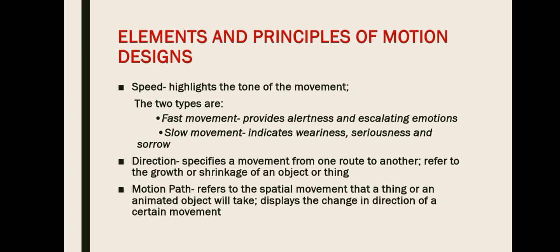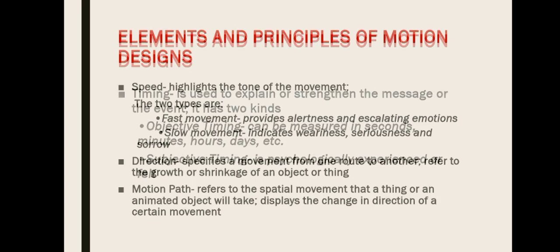Direction specifies a movement from one point to another, and refers to the growth and shrinkage of an object or thing. Motion path refers to the spatial movement that a thing or an animated object will take, displaying the change in direction of a certain movement.